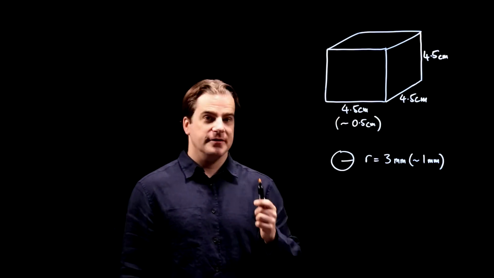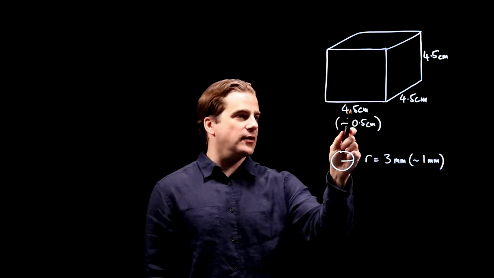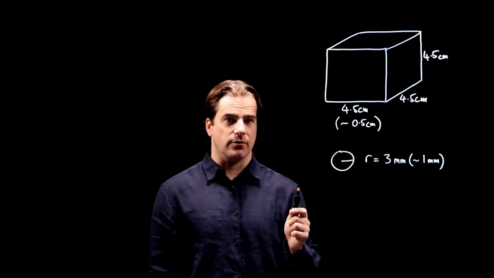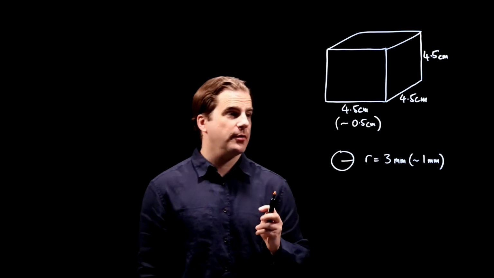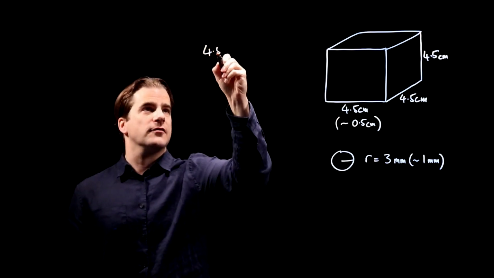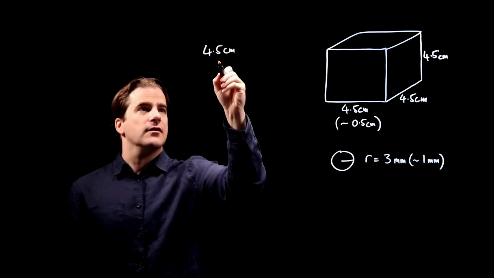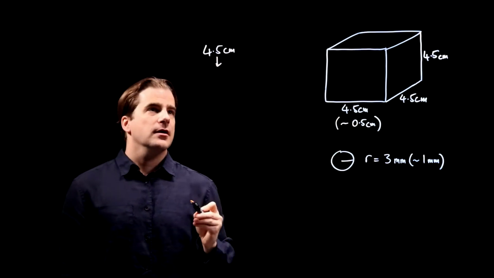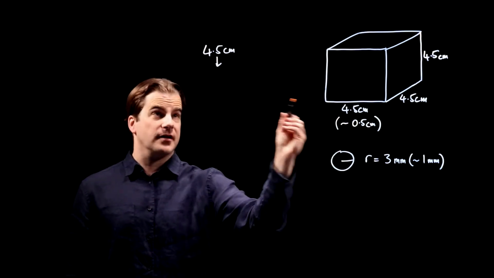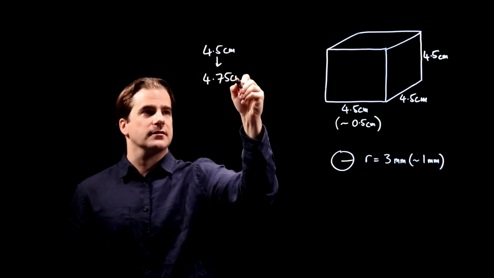Okay, so the first thing to do is to work out what value of the side of the cube we're going to work with and what radius of the sphere we're going to work with. If you want the cube as big as possible, and the side is 4.5 centimeters to the nearest half centimeter, then the largest possible value must be 4.75 centimeters.